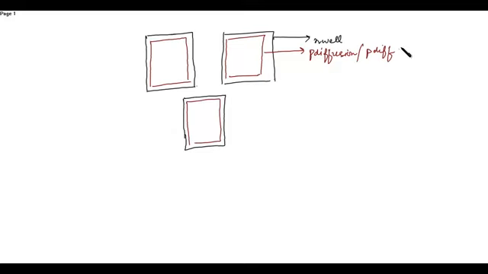Okay, then in the same area you need the N diffusion layer. In the N diffusion layer, these are in series and this is in parallel.